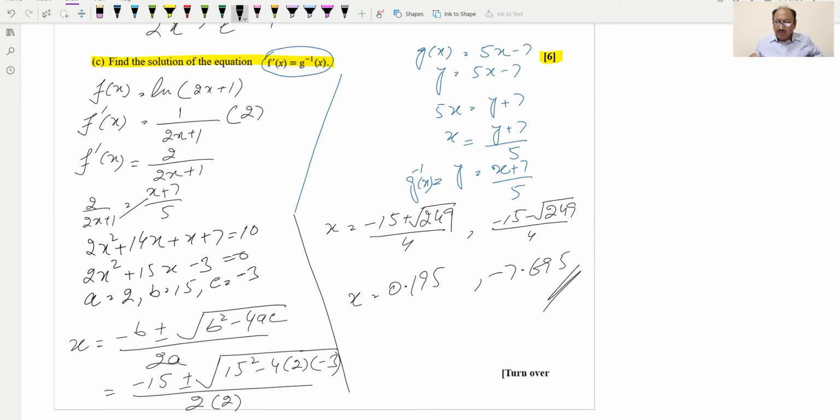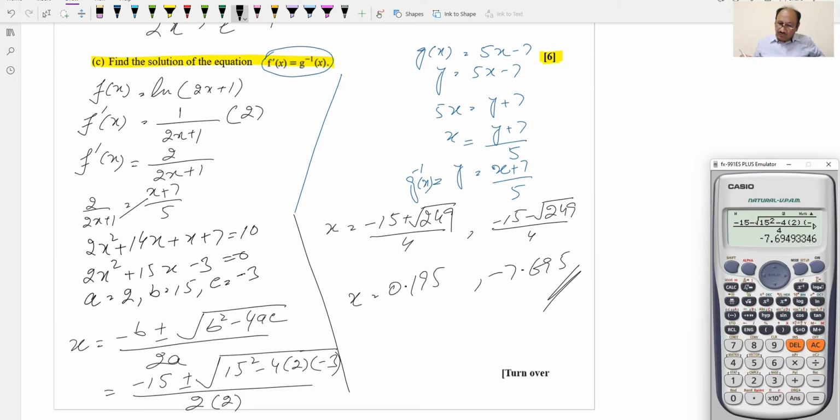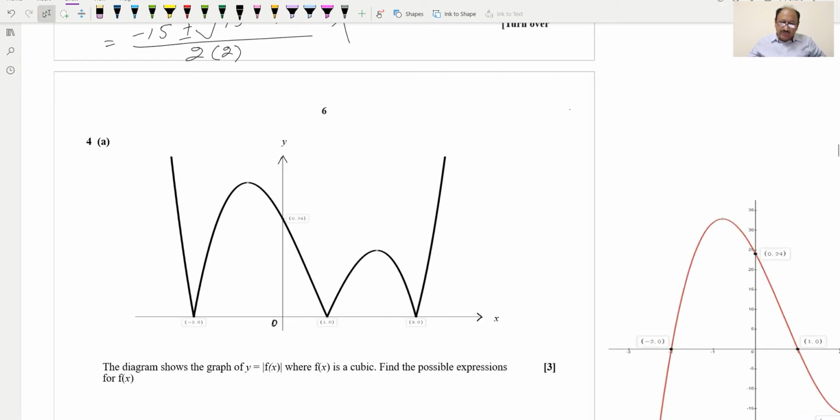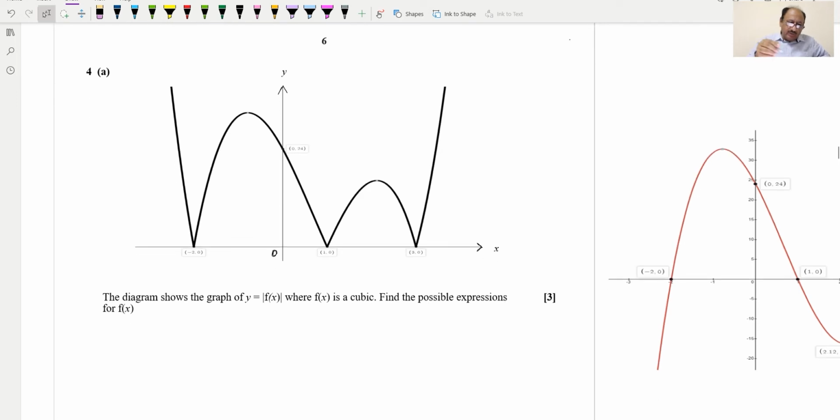This will be our answer for this question. These are the two x values which we are supposed to find. This is done.